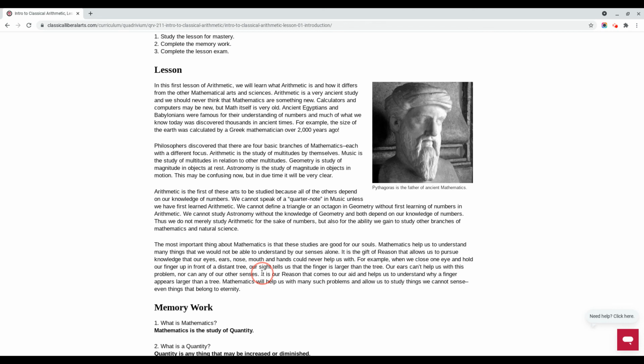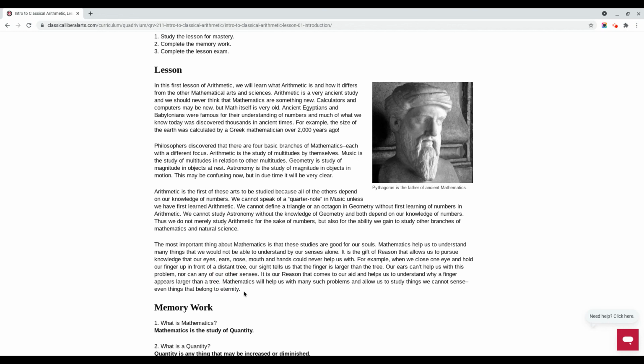It is our reason that comes to our aid and helps us to understand why a finger appears larger than a tree. Mathematics will help us with many such problems and allow us to study things we cannot sense, even things that belong to eternity."